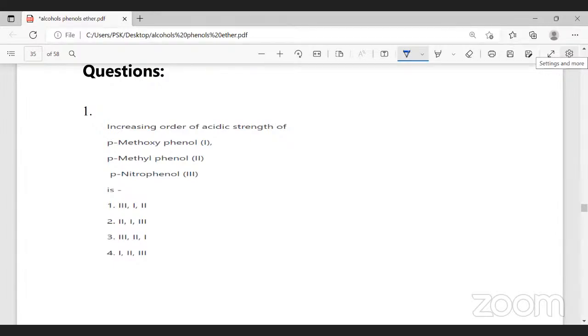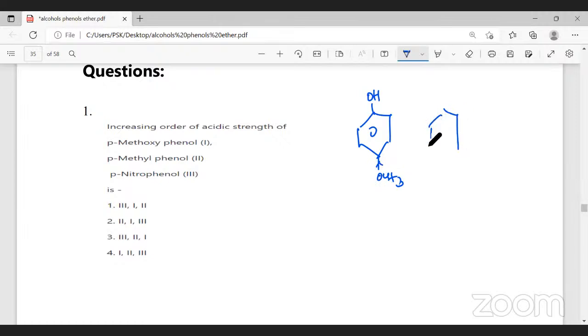What is the increasing order of the acidic strength? I was discussing that an electron donating group will decrease the strength of phenol. Methoxy, OCH3, is a strong electron donating group.